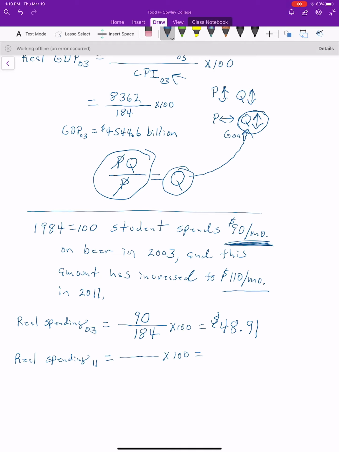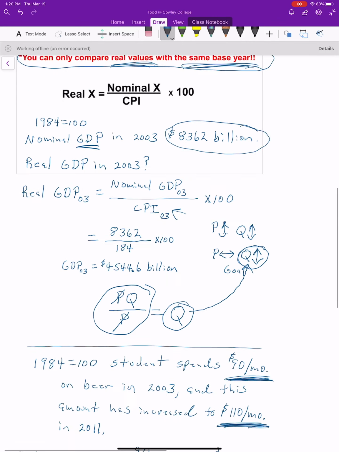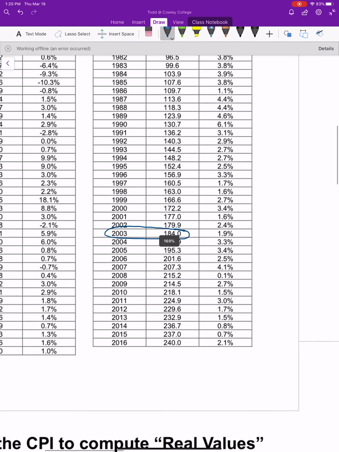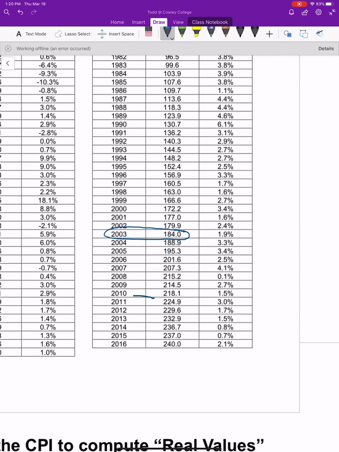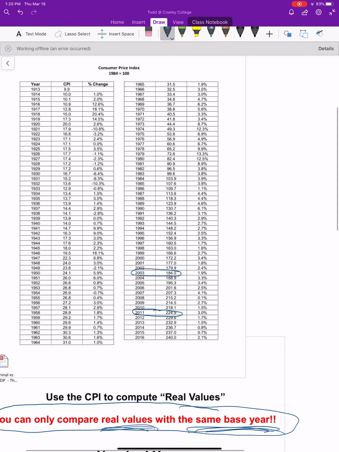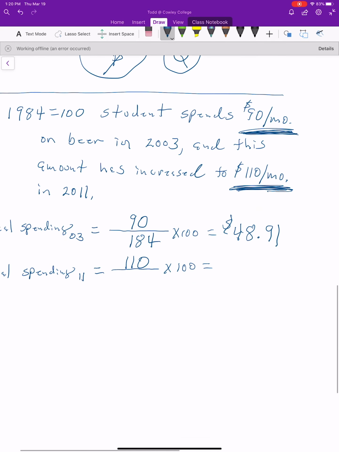Now, what I want you to do is pause the video and calculate real spending in 2011. Okay, now that you've done that, real spending in 2011 will be equal to your nominal spending, which is going to be $110 a month, divided by the consumer price index in 2011, which is going to be this number right here, 224.9.